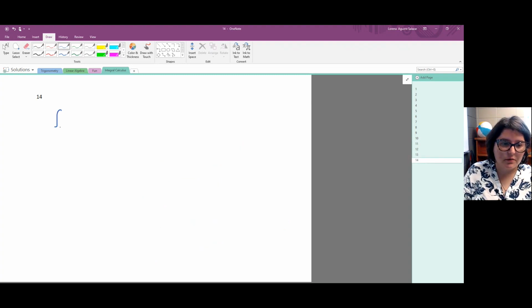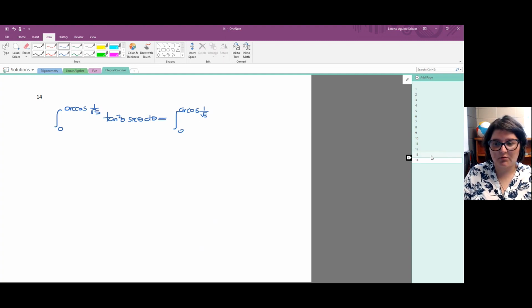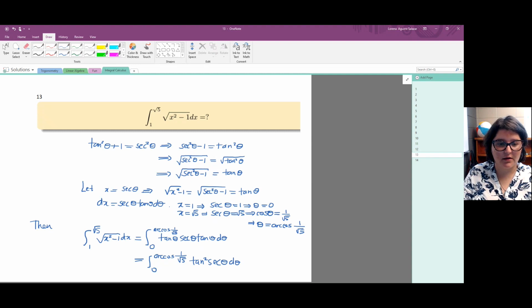Here, the integral from 0 to the inverse cosine of 1 over root of 5 of tangent squared of theta times secant of theta d theta can actually be written as the integral of the expression where we replace tangent squared of theta by what it is. Remember that tangent squared of theta plus 1 is secant squared of theta.